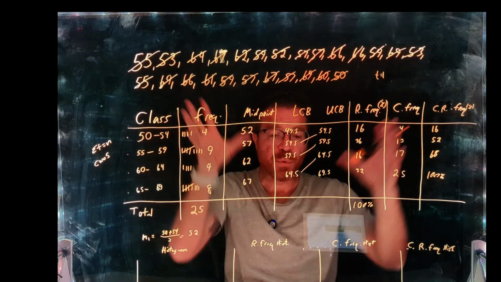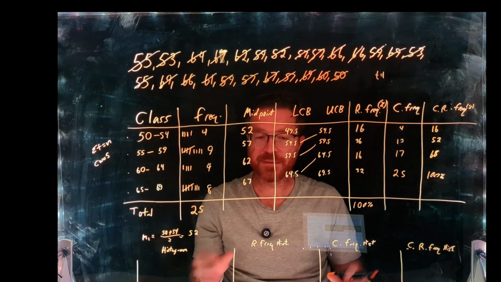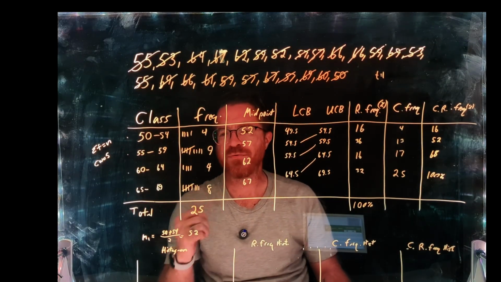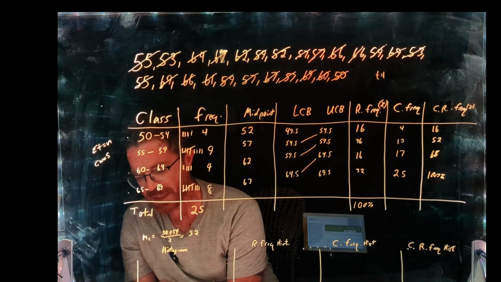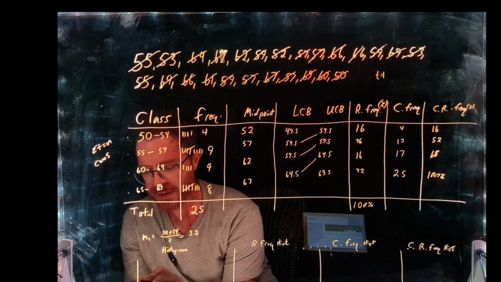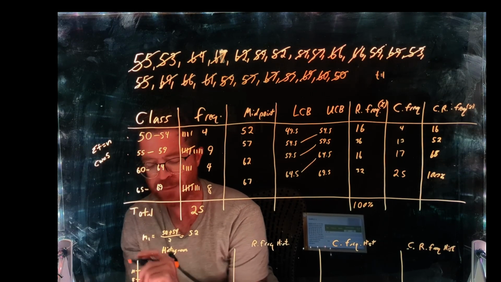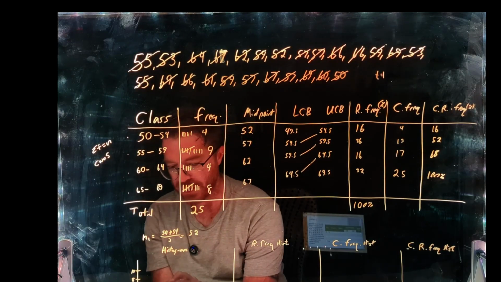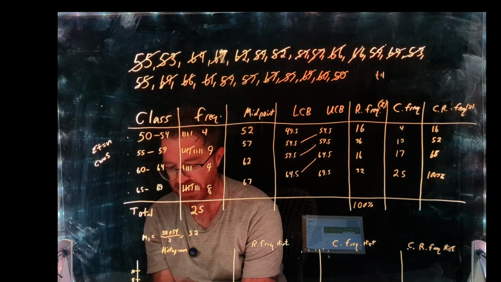Okay, so now we can draw our histograms for each of these. So for our first one, we're doing frequency, and it looks like we have values from 4 to 10. So I'm going to do these in terms of 2. So this could be 2, 4, 6, 8, 10. So for my first group, which is around 52, I have a frequency of 4.